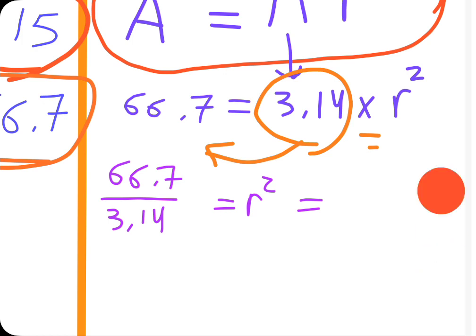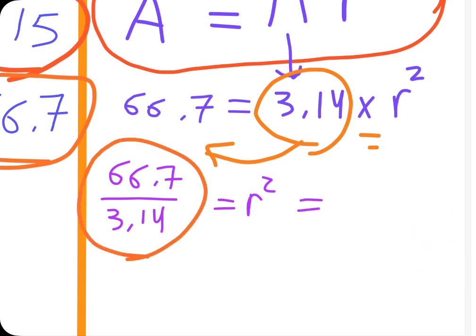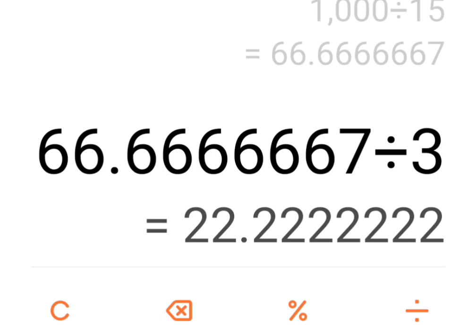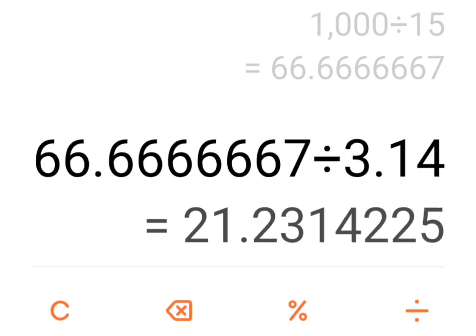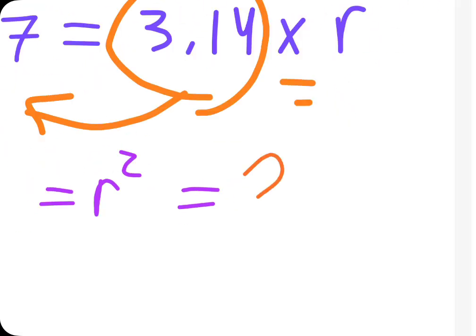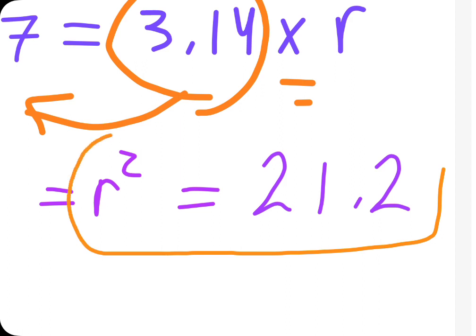We can use the calculator to find this. So we take the answer and divide it by 3.14. And the answer will be 21.2. Now here I have r squared. So r squared is 21.2.